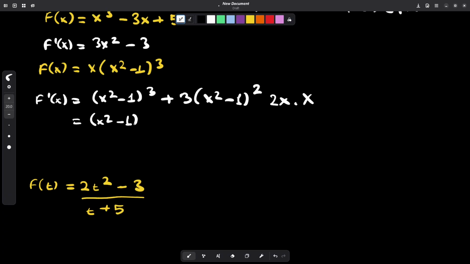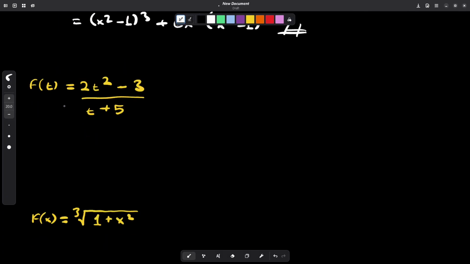Let's multiply the terms here. What do we get? 6 times x squared multiplied with x squared minus 1 squared. I will leave it like this. You can do more algebra if you want.